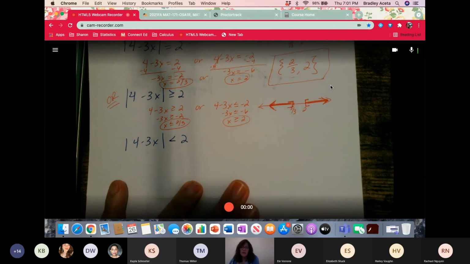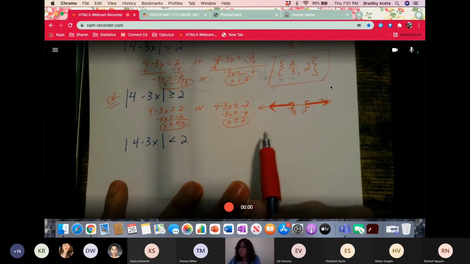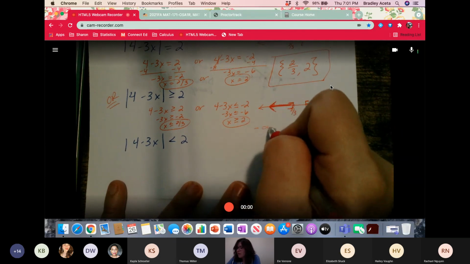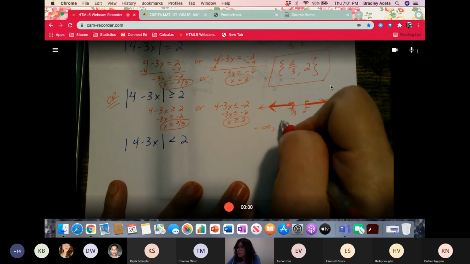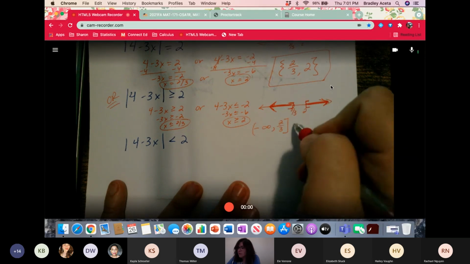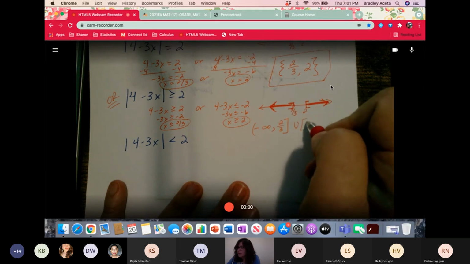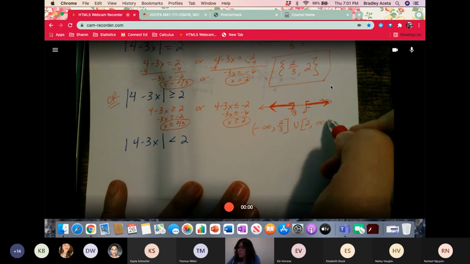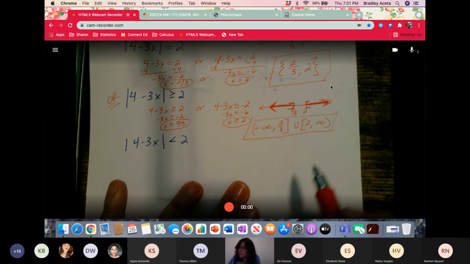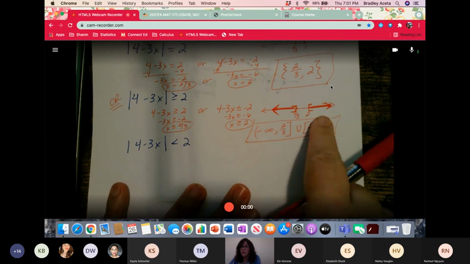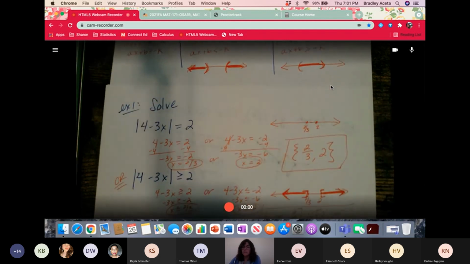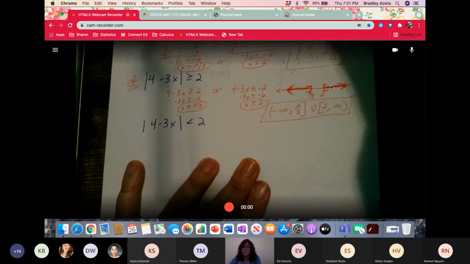Now, how do I write that as a solution set? Your answers for x are from negative infinity to 2/3 as a bracket, united with 2 to infinity. This would be your answer. And look at it, it looks like an OR graph. It has this side or this side, just like I drew up here.